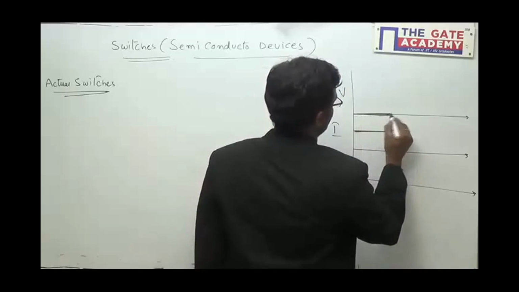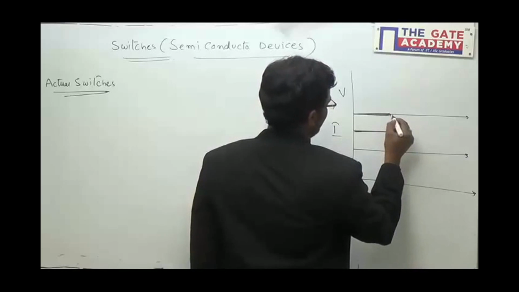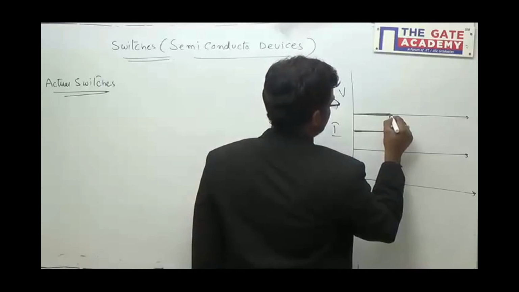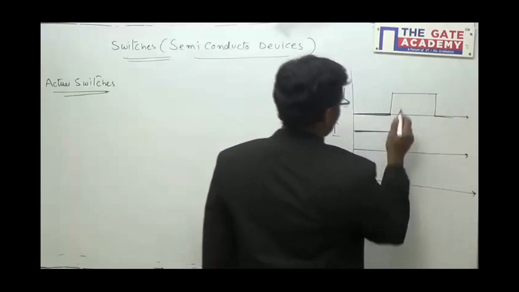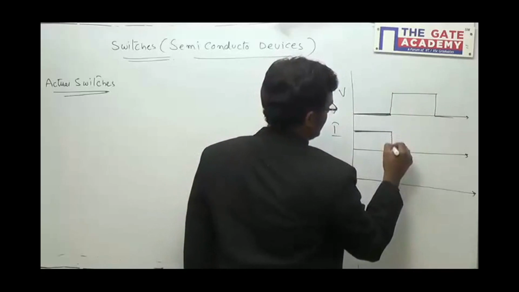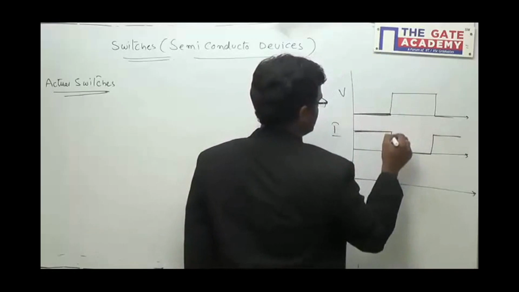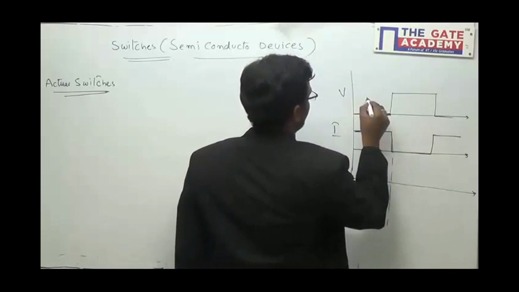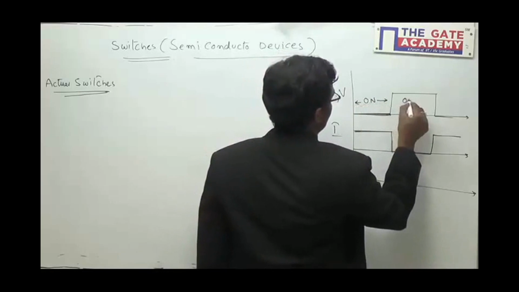When the switch is off, the voltage, of course, it may be negative, but you can take positive, so the voltage is like this. When the switch is off, the current is 0. So this is the on period, this is off.